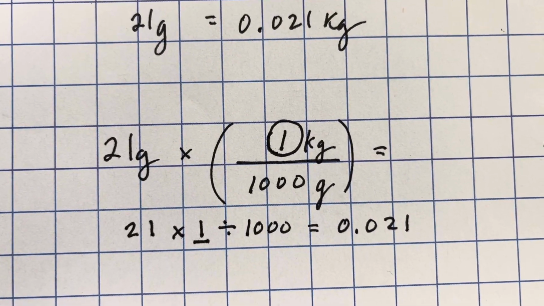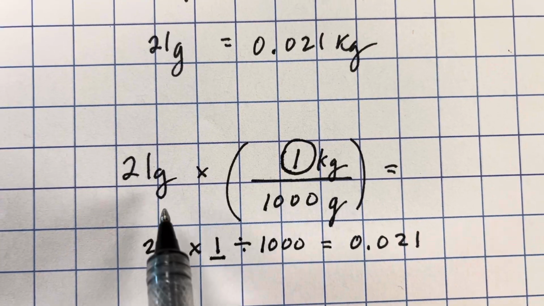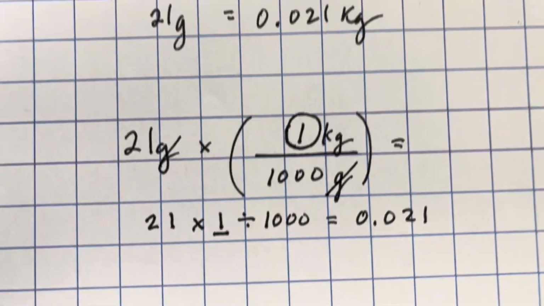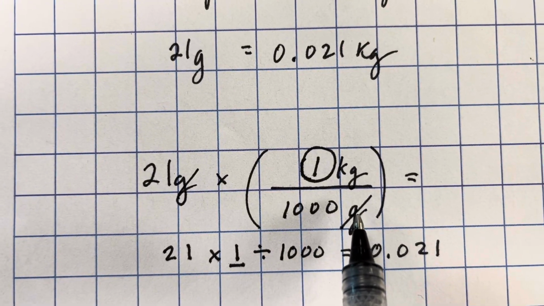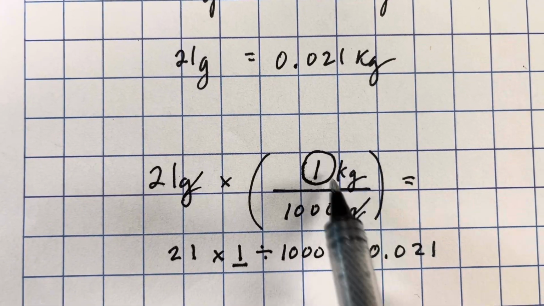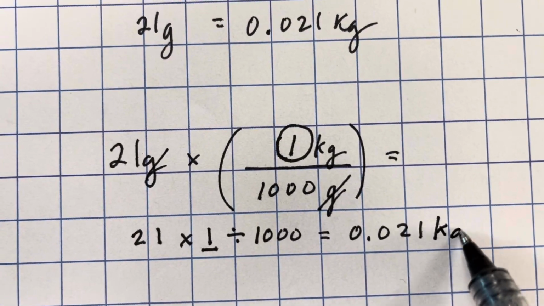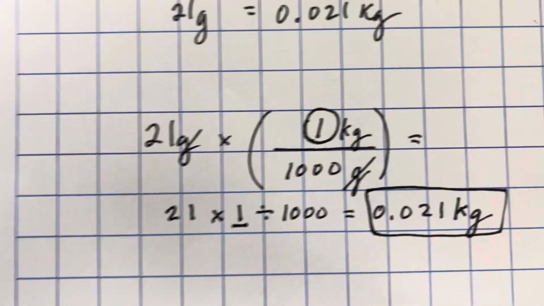The way the units work is that grams divided by grams is 1. People like to say it cancels out. If you have grams in the numerator and grams in the denominator, then they disappear. And the only unit that you're left with is kilograms. So the answer is 0.021 kilograms.